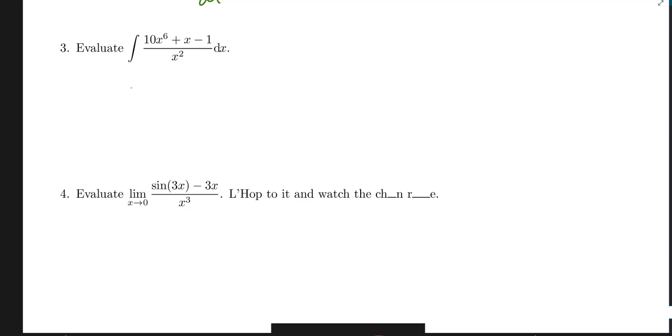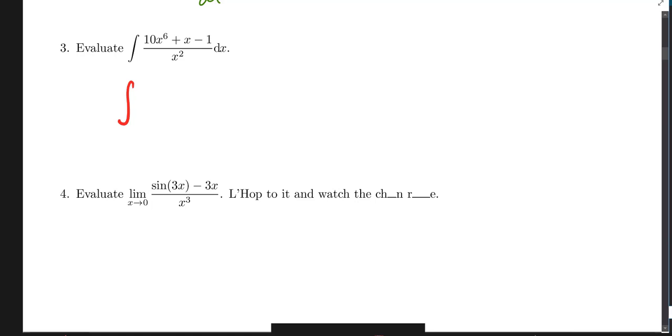Now, folks, unfortunately, I was commenting on your answers, but I couldn't see your work. Okay. I am going to rewrite this antiderivative. I'm going to divide x squared into each term here. So that gives me the integral of 10x to the 4th plus 1 over x minus 1 over x squared, dx. Okay?